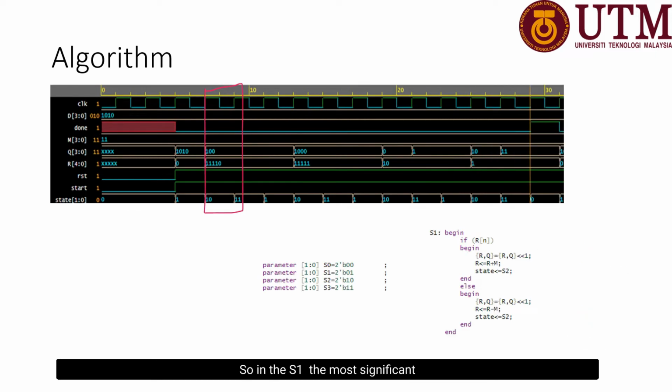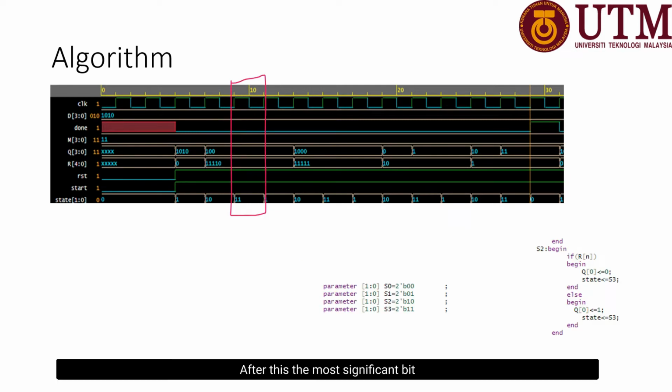In S1, the most significant bit of R will be checked. The value of R and the value of Q will be concatenated and left shifted by 1. After this, the R, which is 0, is subtracted by the value of M, which is the 2-bit 11. And R will become the 5-bit 11110.